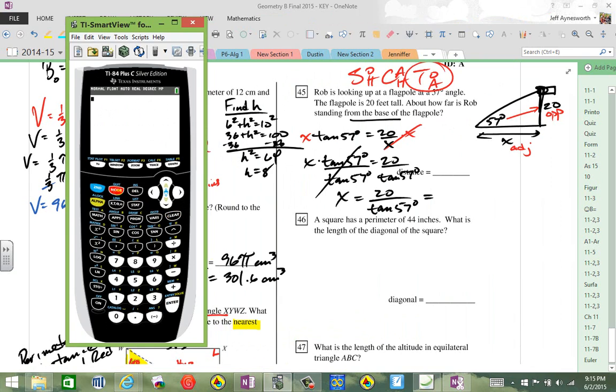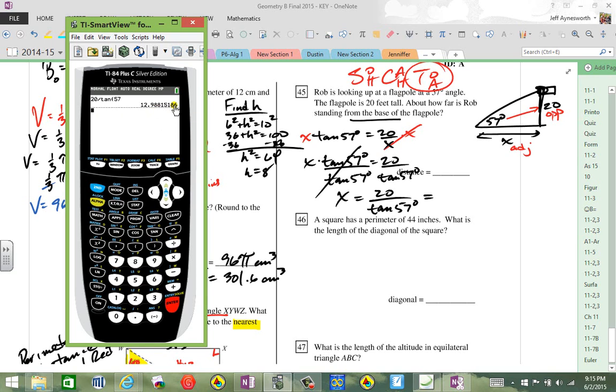Now in this calculator here, make sure that you're in degree mode. If the calculator had radians highlighted, you'd have to go over to degrees, hit the enter button, and change it. So go second mode, which is quit, and start your calculation: 20 divided by the tangent of 57 degrees. God, this is slow. So you get about 12.99.